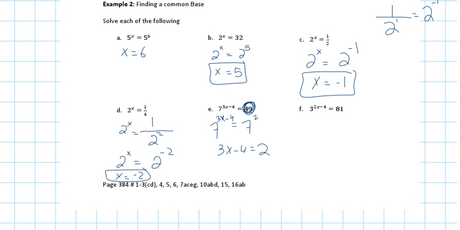But in this case, I'm not done. I have to keep going. I haven't solved for x yet. How do I solve for x? What do I need to do? You isolate. Bring the 4 over. And then divide by 3.